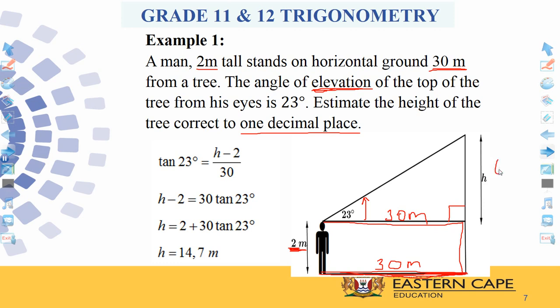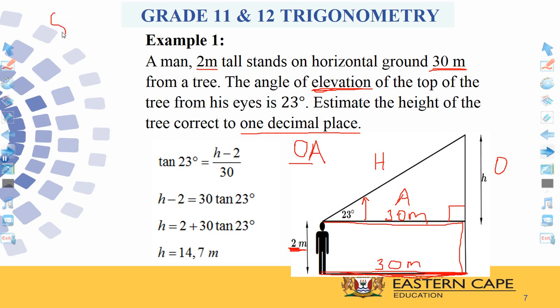Now the height is opposite and this side is adjacent. So remember, the hypotenuse is always the longest side of a right-angled triangle and is always opposite to the angle 90 degrees. So now in this case, you are to calculate the opposite side and you are given the adjacent side.